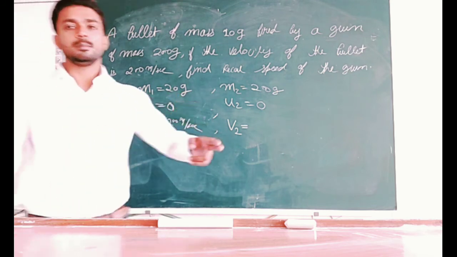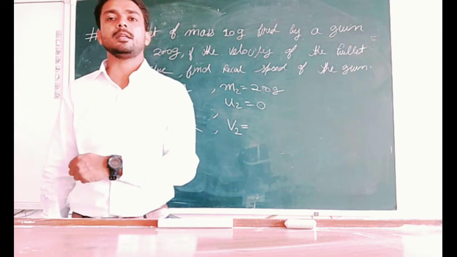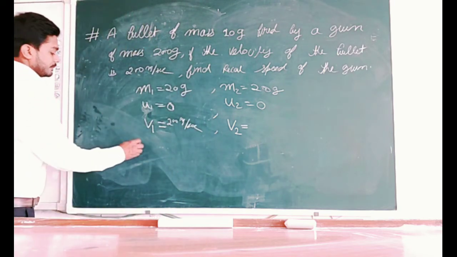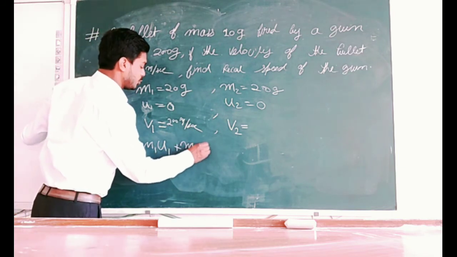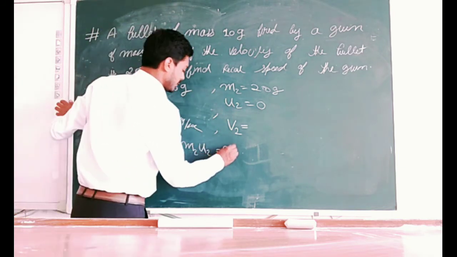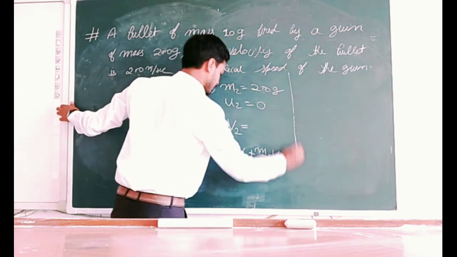Initial momentum before firing the gun should be equal to the final momentum after firing the gun. So m1 u1 plus m2 u2 is equal to m1 v1 plus m2 v2.